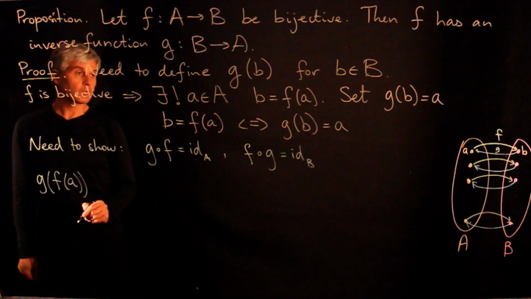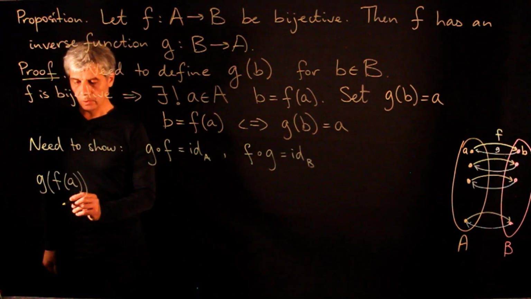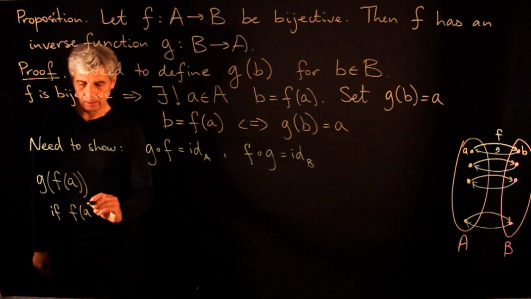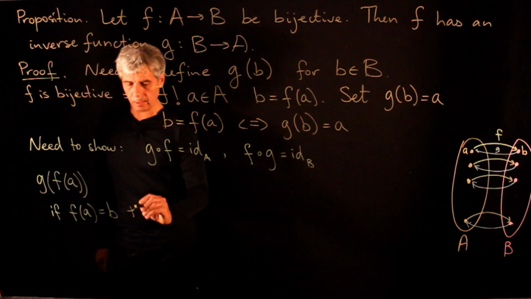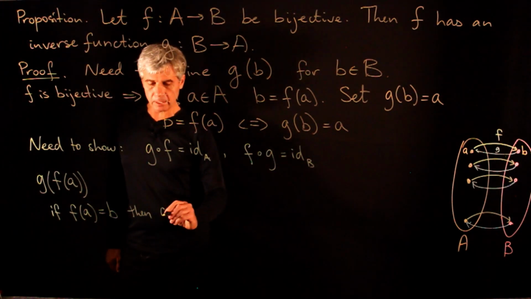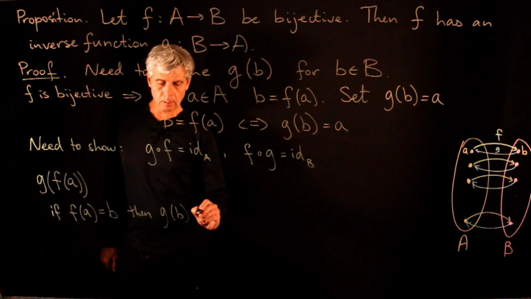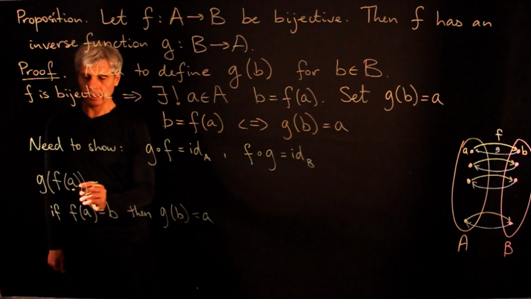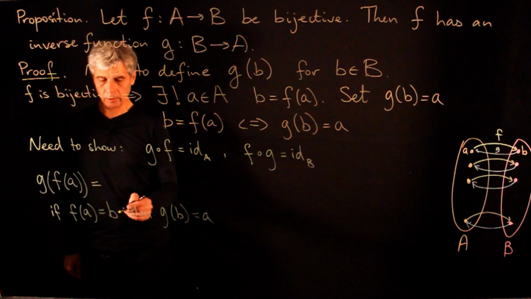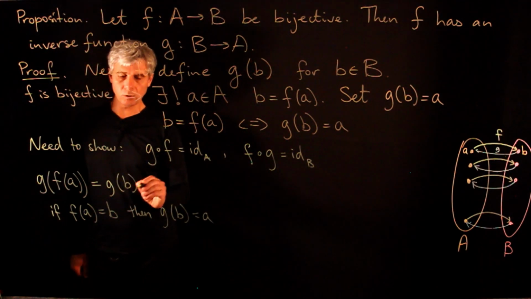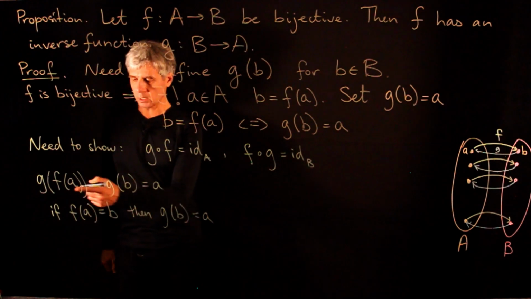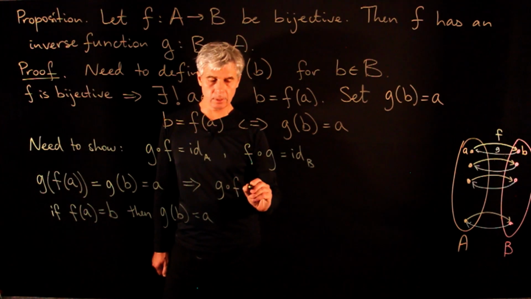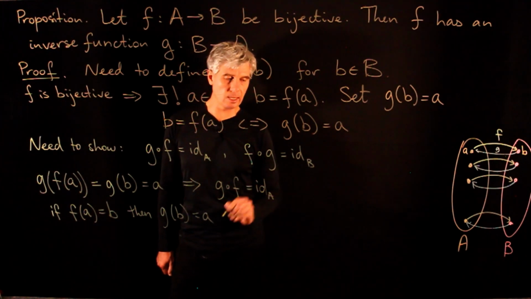We know that if f of a is equal to b, then g of b by definition is equal to a. So f of a we call b, and we get g of b, and that's a. And so the composition of g with f is equal to identity on the set A.